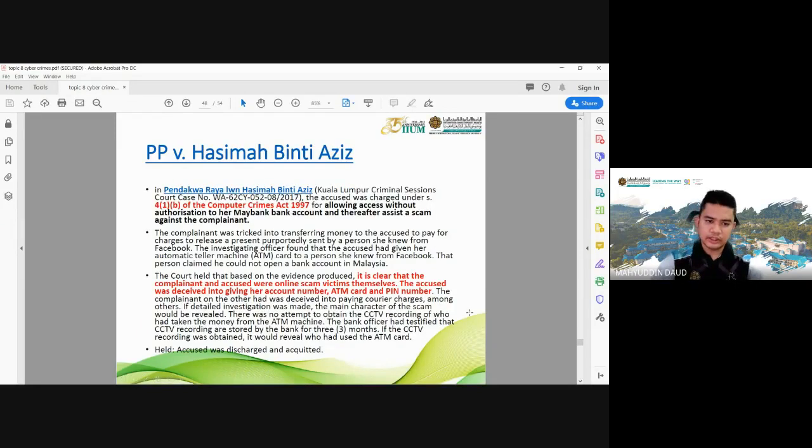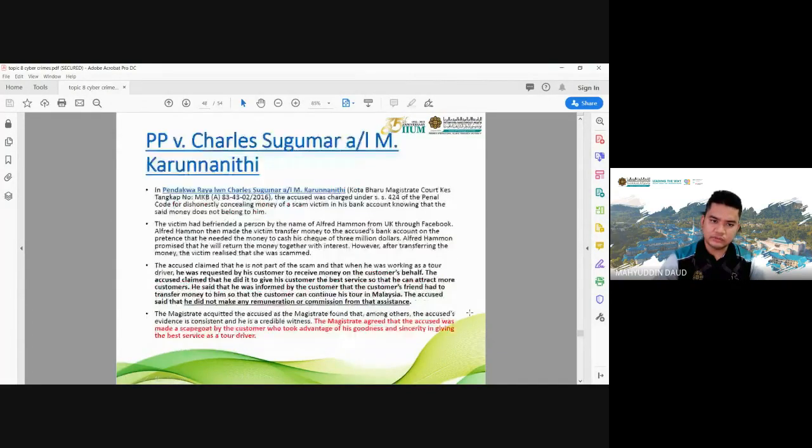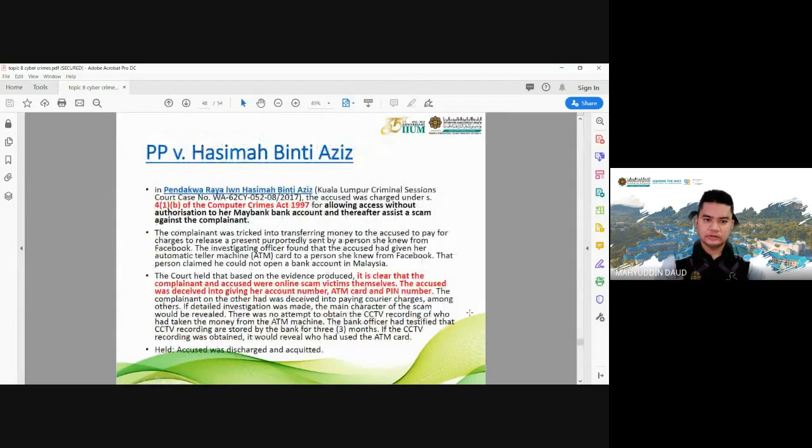In another case, PP against Hasima, the decision held was similar to Charles Sukuma. In this case, she was charged under Section 4 Computer Crime Act for allowing access without authorization to her Maybank bank account and thereby assisted a scam against the complainant.